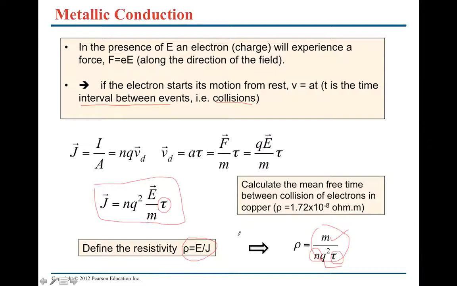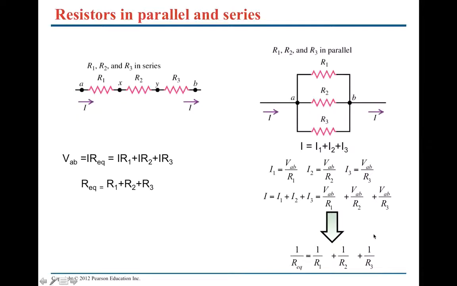So the points to remember: J, we know it already, but now we introduced this tau, which is basically the time between two collisions. We also introduced this formula where, if I know the electric field and the current density, then I can calculate the resistivity, and the resistivity can also be given by this equation.